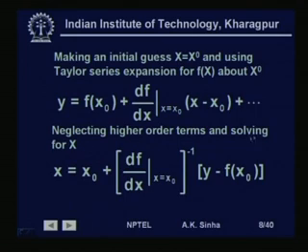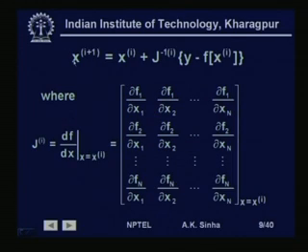Neglecting higher order terms and solving for x, we can write x equal to x0 plus the inverse of df/dx at x equal to x0 into (y minus f(x0)). In an iterative form, the Newton-Raphson power flow equations can be written as x at iteration i plus 1 equal to x at iteration i plus the inverse of J at iteration i into (y minus f(x) calculated at the x values at the ith iteration).